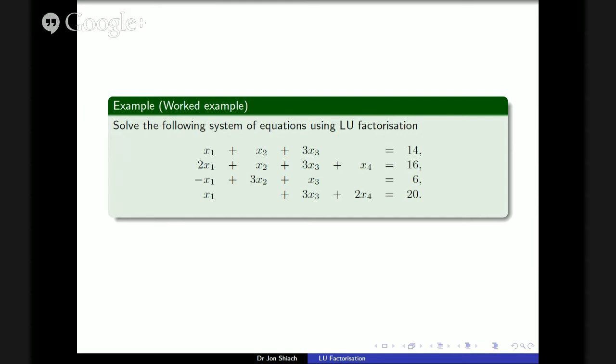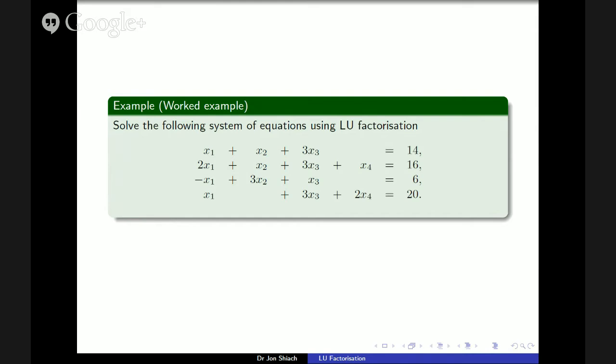And y4 is 20 minus 14 plus 12, plus 3/8 times minus 28, which I think is 15/2.